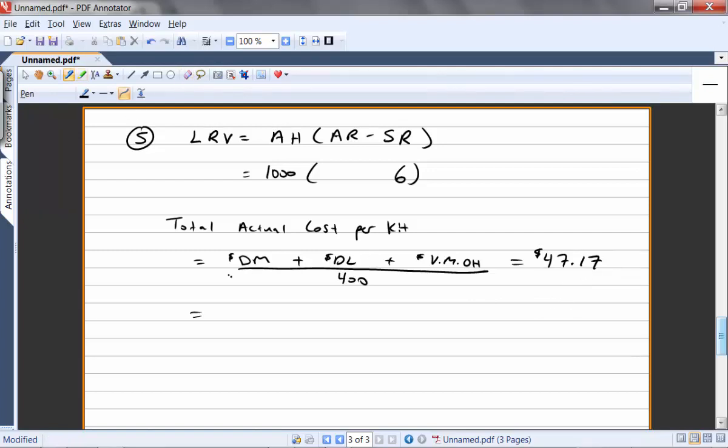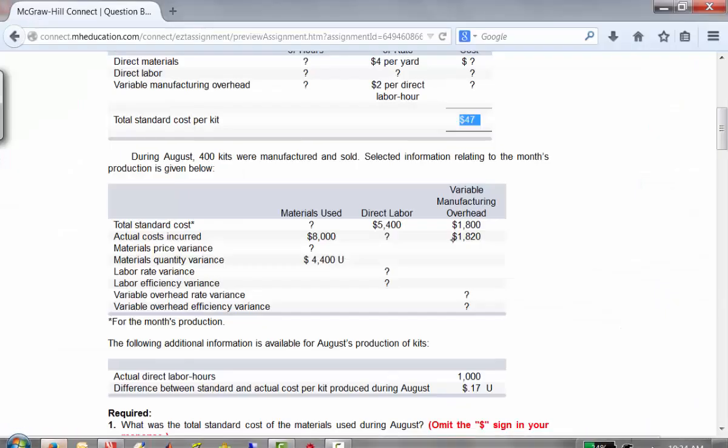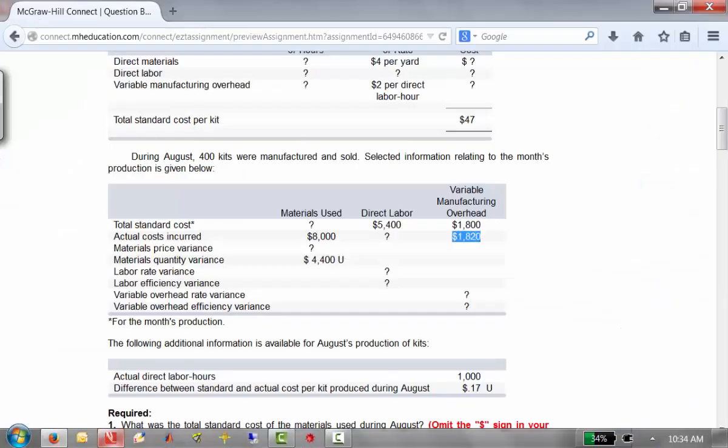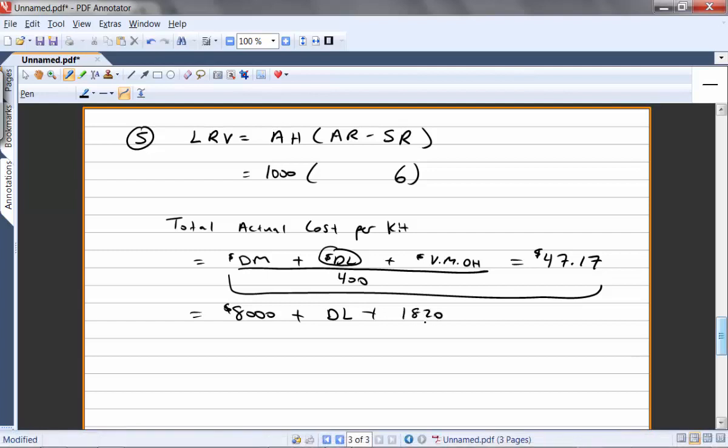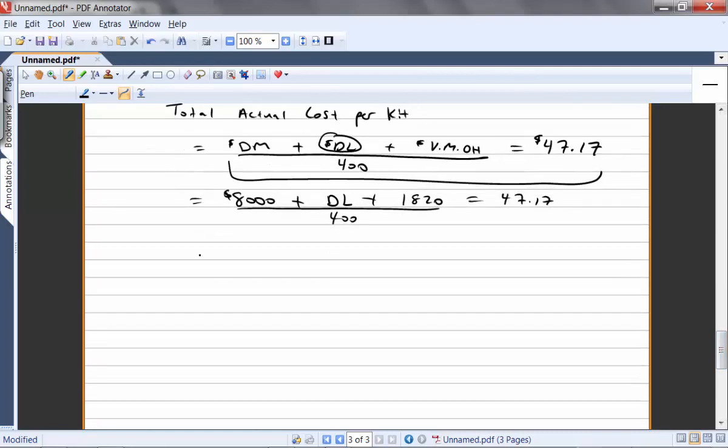And we know, so we have one equation here. What's the only thing we don't know? This. Because we know direct materials total actual cost was $8,000. We don't know labor. We do know the overhead told us right here, $1,820. Then we divide by 400 and set it equal to 47.17. Solve for DL. That'll tell us what we actually spent for direct labor in total.